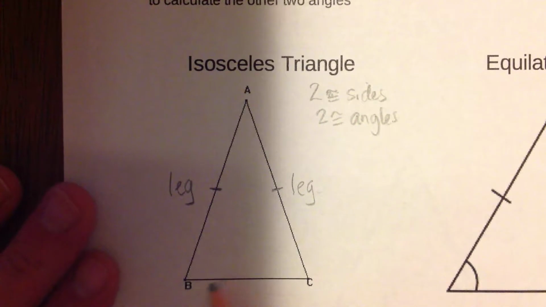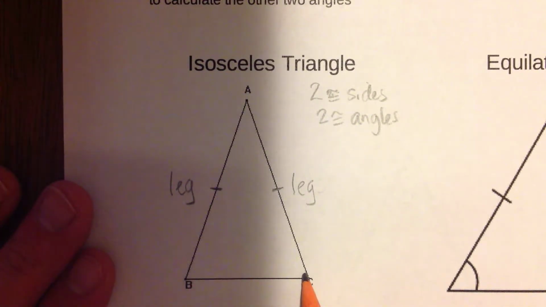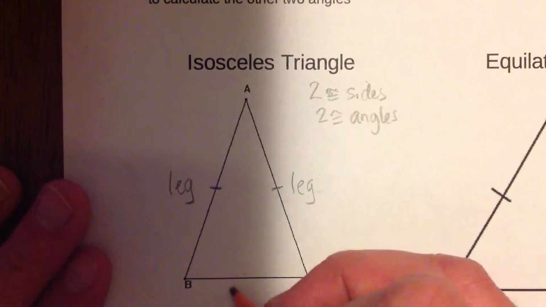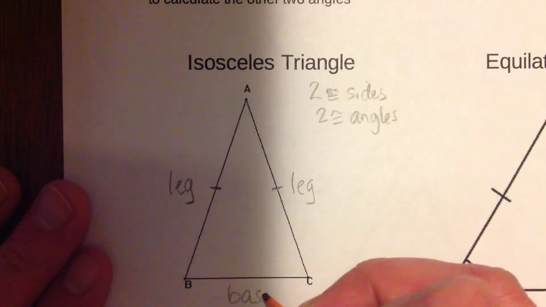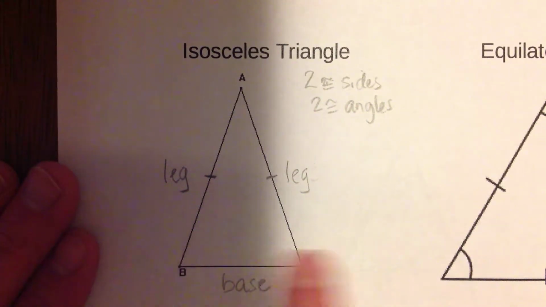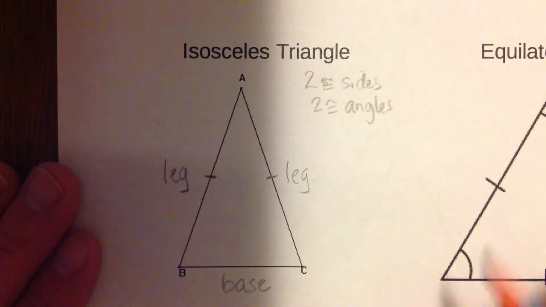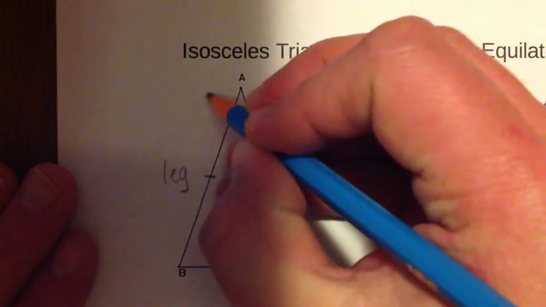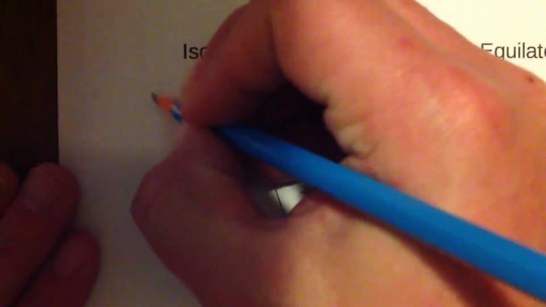The bottom, if you think of the bottom of a house or anything that you build, the bottom side is called a base. Kind of like you build your house maybe on a basement or the baseboards. The top angle is called the vertex angle.